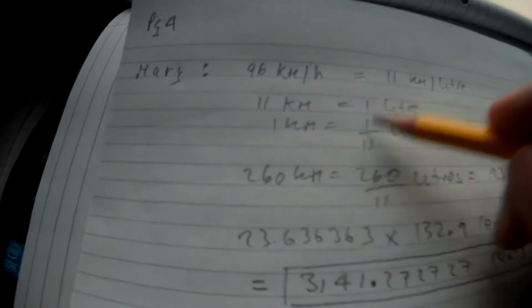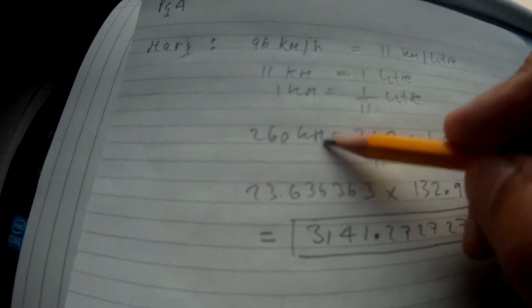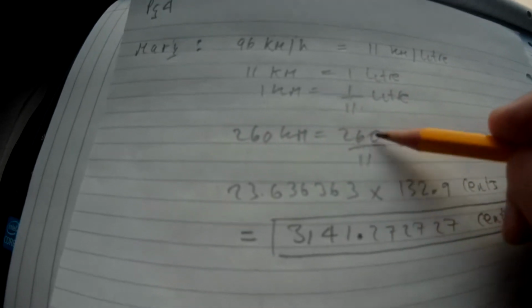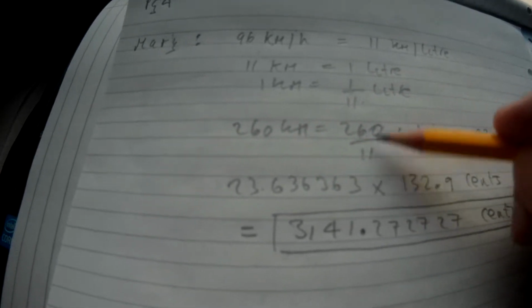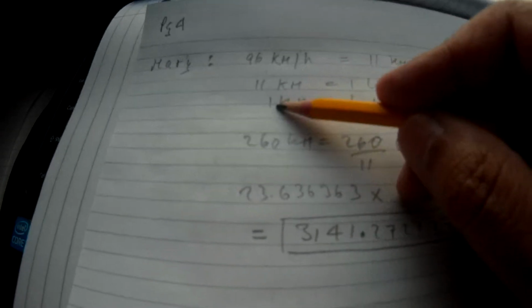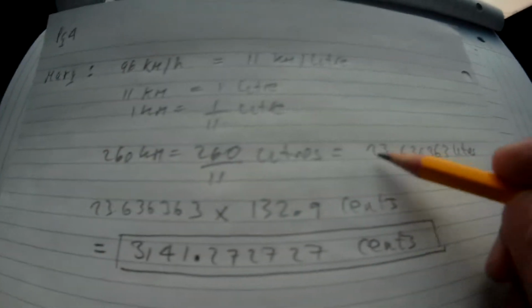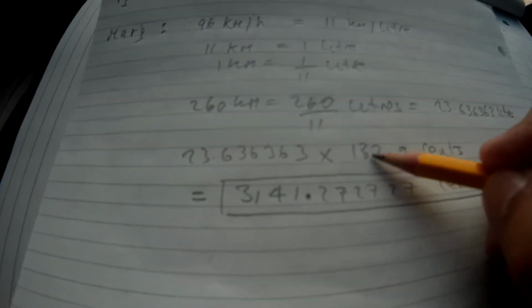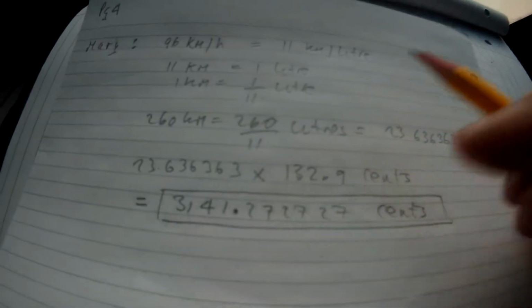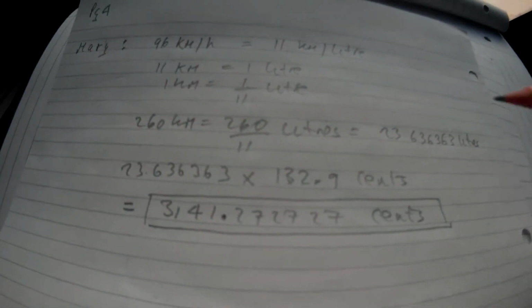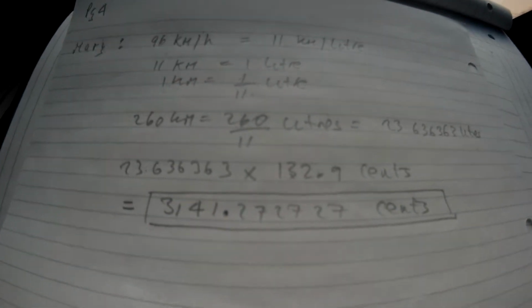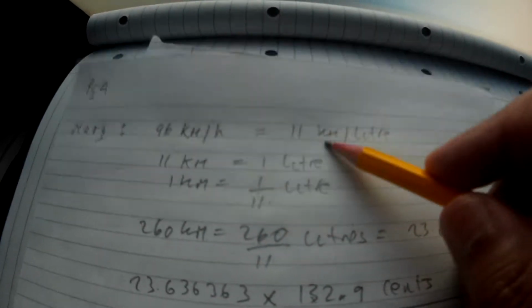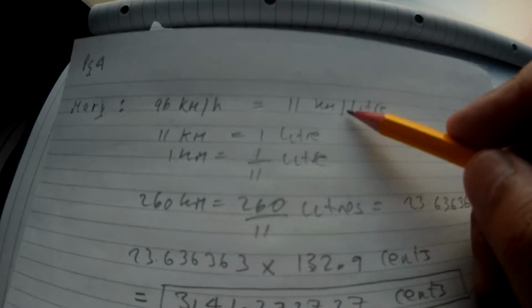Multiplying this across by 260, you get 260 kilometers is equal to 260 divided by 11, which gives you 23.636363 liters, at 132.9 cents per liter. Going at 96 kilometers per hour, you're using 11 kilometers for every liter.